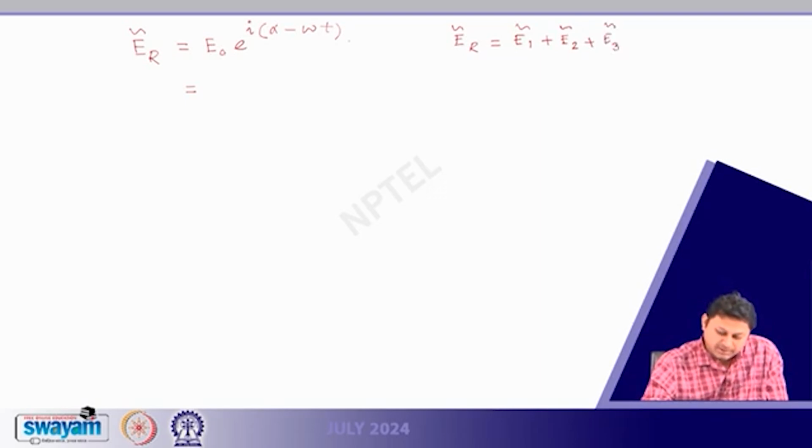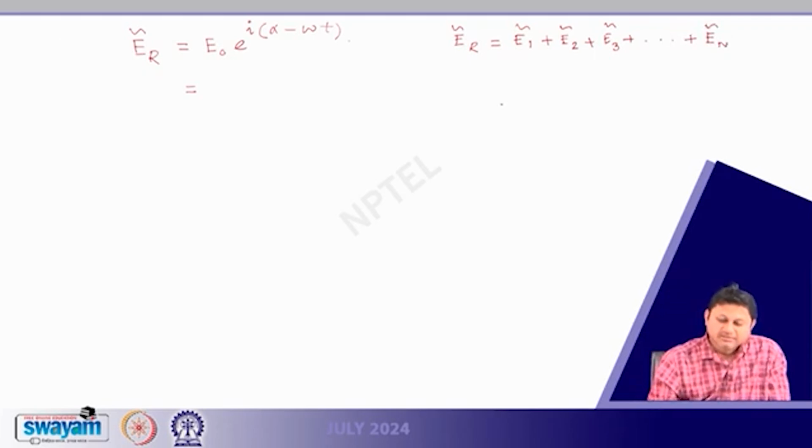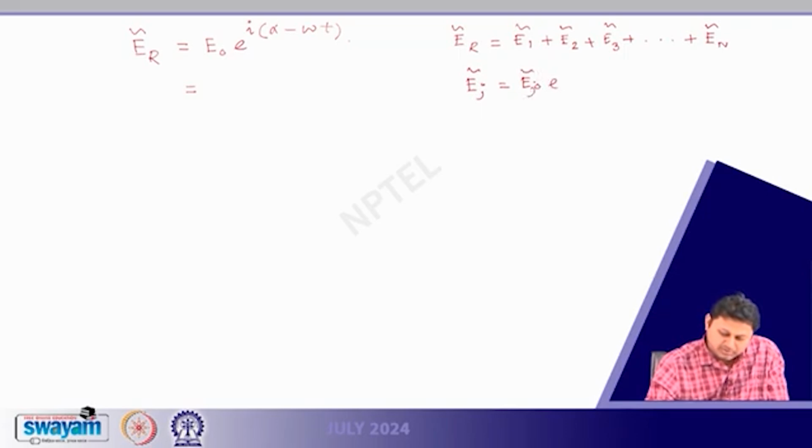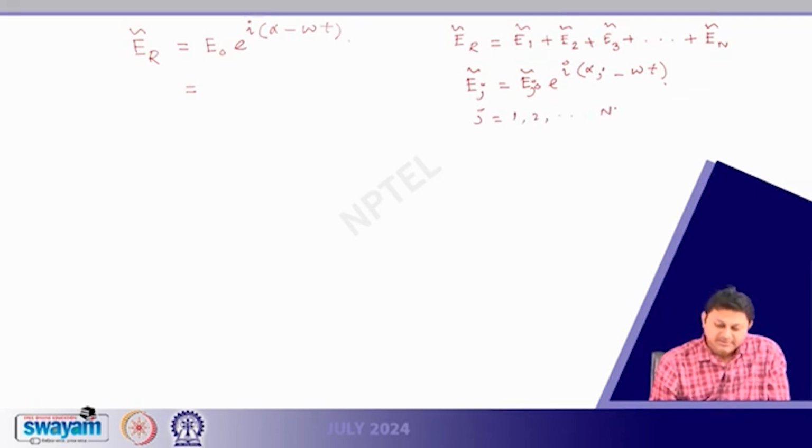So I can have E3 tilde and so on, and I can add up to n number of harmonic waves with this given form, where Ej tilde is Ej naught e to the power of i (alpha j minus omega t), when j goes from 1 to n. So that is the notation I'm going to use.